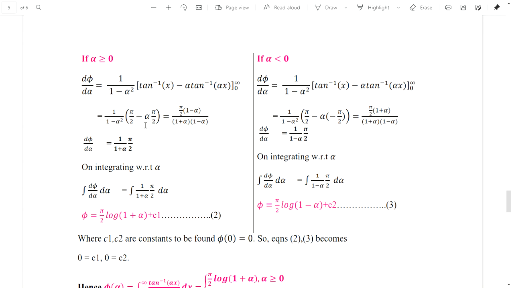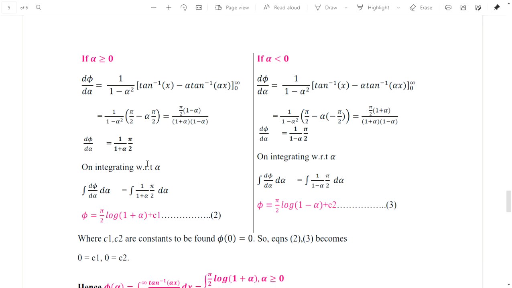In these two terms pi by 2 is constant, bring it out common. So pi by 2, if I bring out, I will be left with 1 minus alpha by 1 minus alpha squared, which can be written as 1 plus alpha into 1 minus alpha. So the 1 minus alpha terms will get cancelled and we will get d phi by d alpha is equal to 1 divided by 1 plus alpha into pi by 2.